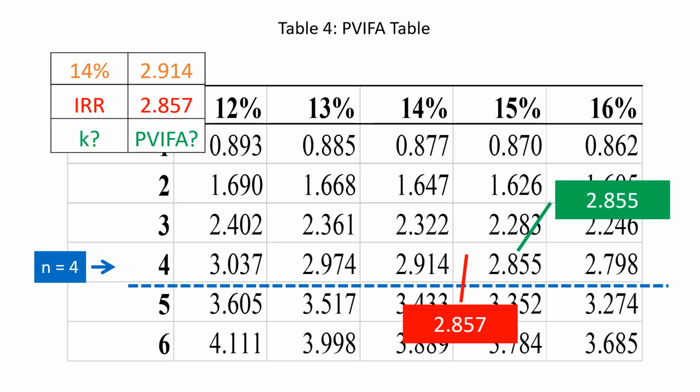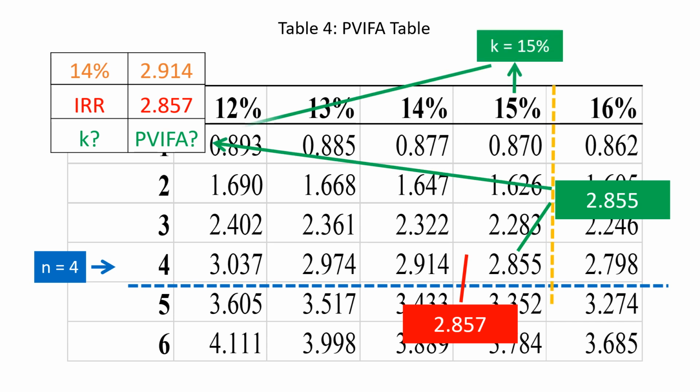Next, we look at the other interest factor, and also look for K. Now we have the value for K and PVIFA.